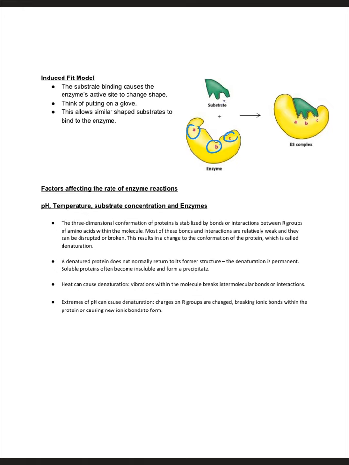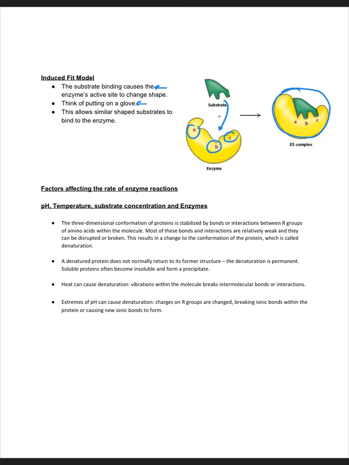But as that substrate gets closer, the forces and the bonding, the hydrogen bonding, the van der Waals forces, all those wonderful forces we've been talking about, cause that enzyme to change its shape slightly so that it all matches, it all ends up working perfectly. So the idea here is the substrate binding causes the active site of the enzyme to change shape a little bit.